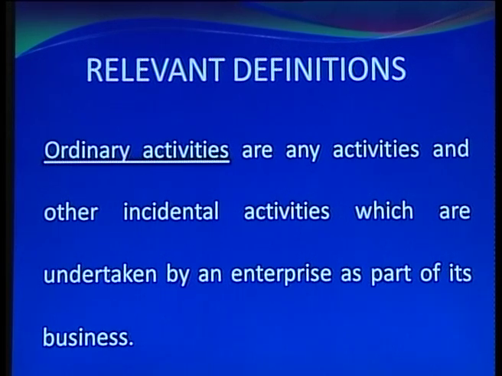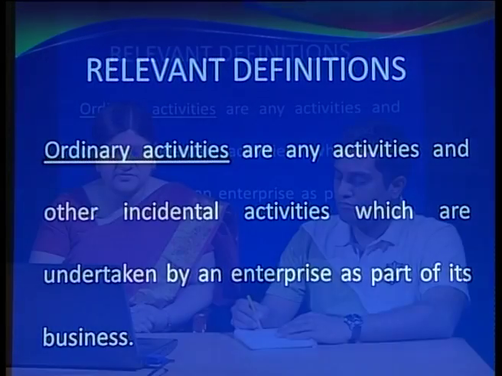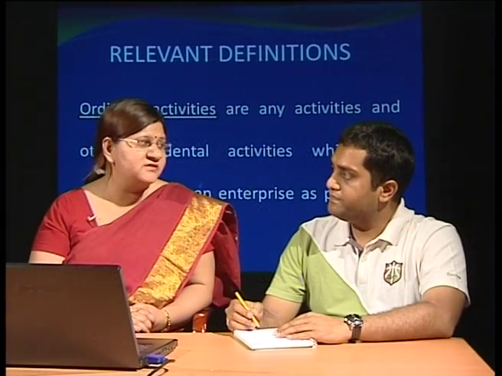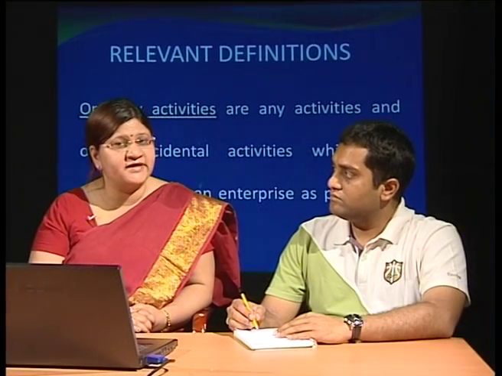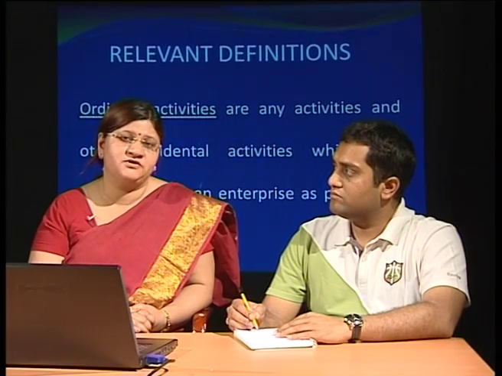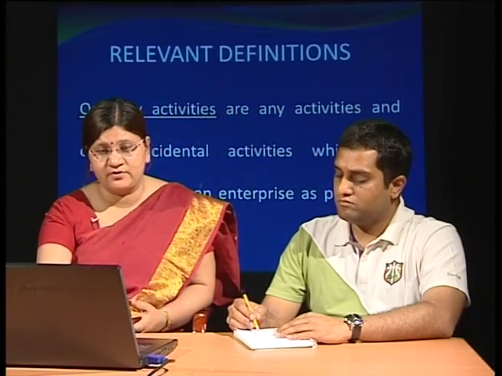It has been defined as activities and incidental activities which are undertaken by an enterprise as a part of its business, that is running expenses, maintaining expenses. They shall be covered under ordinary activities and have to be shown on the face of the profit and loss account.